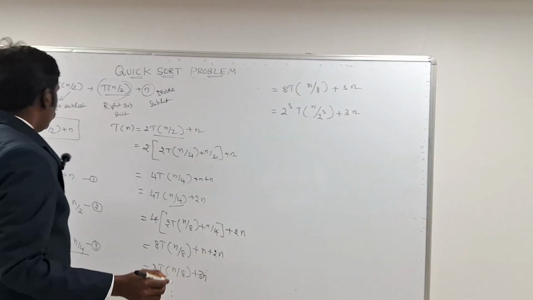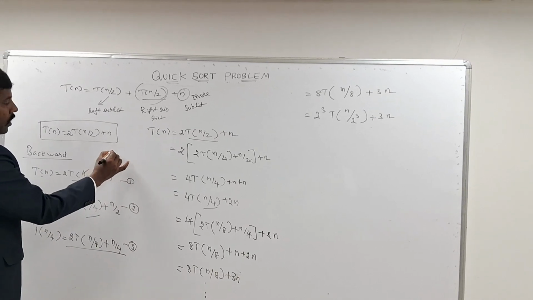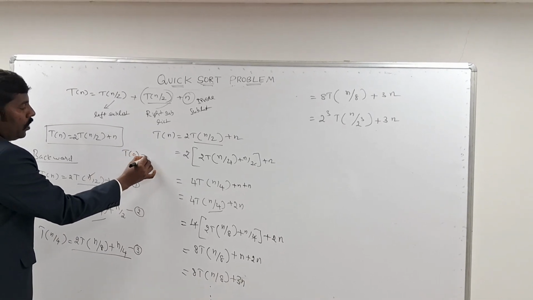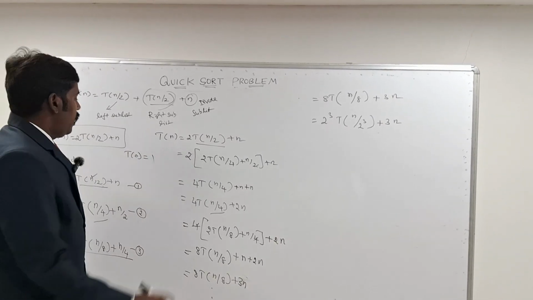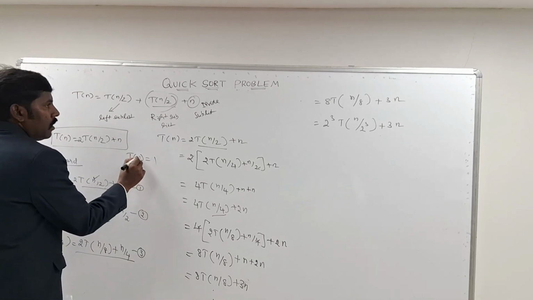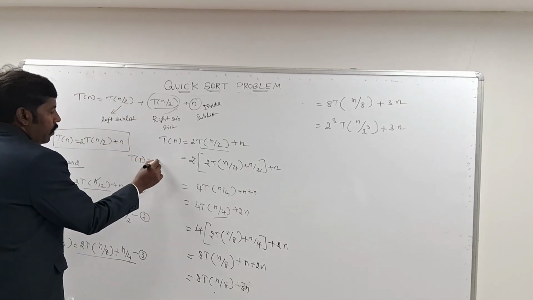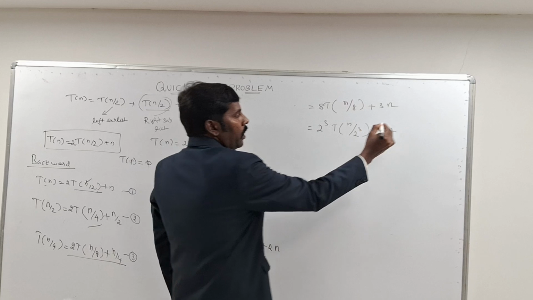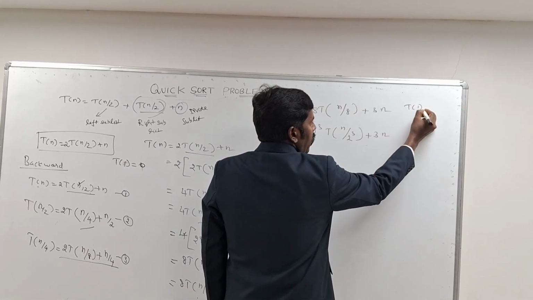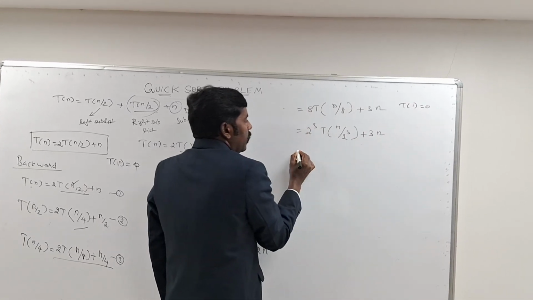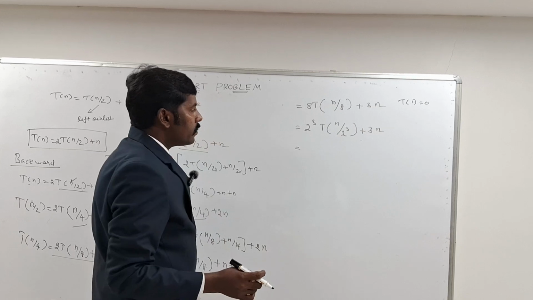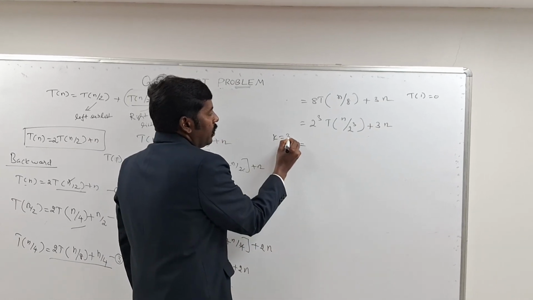So initially here we assume T(1) = 0. Now you take k equal to 3.